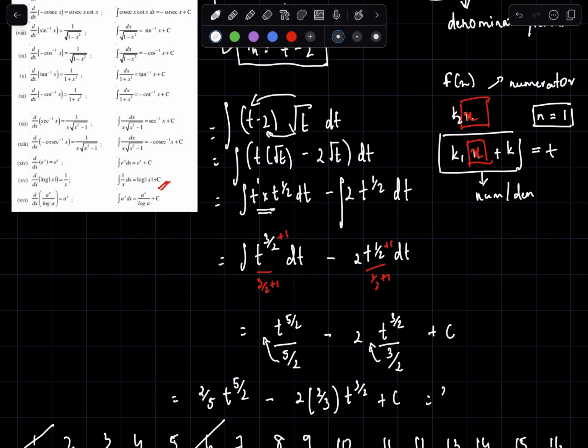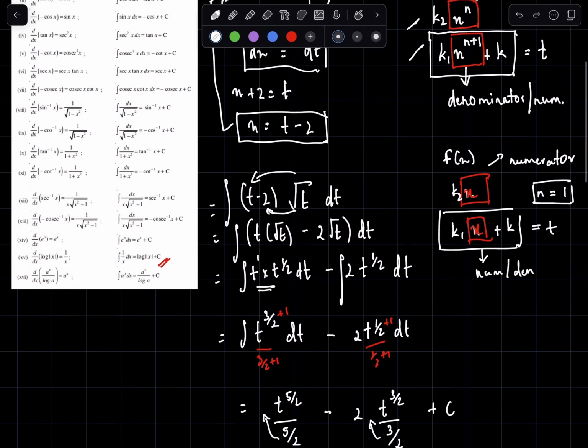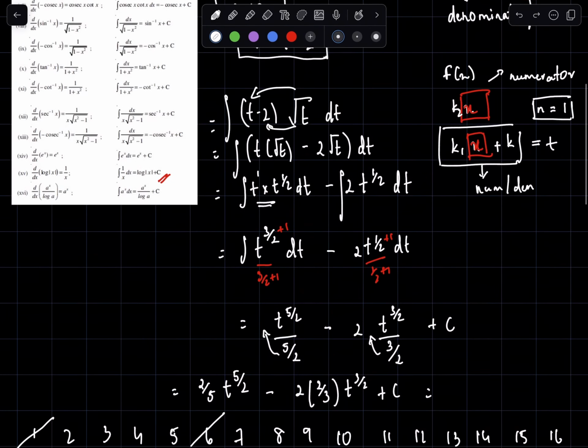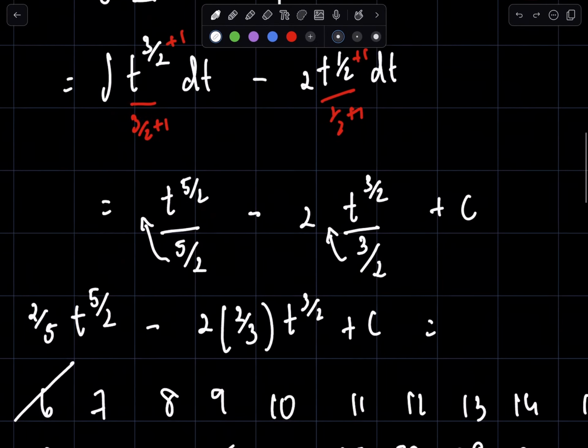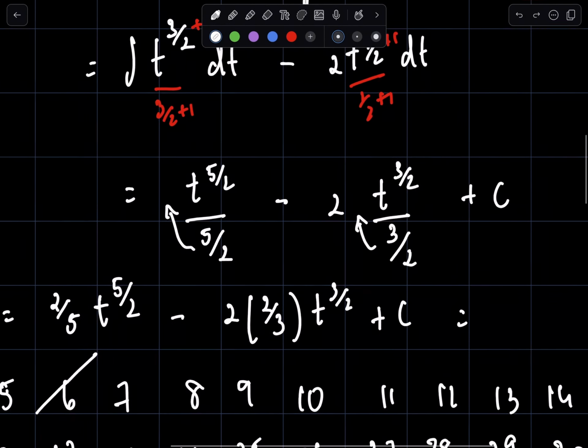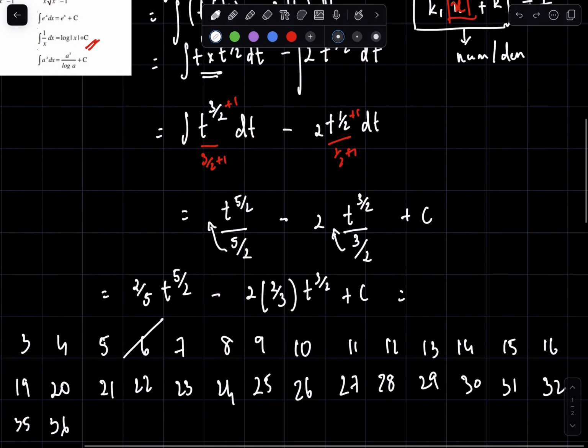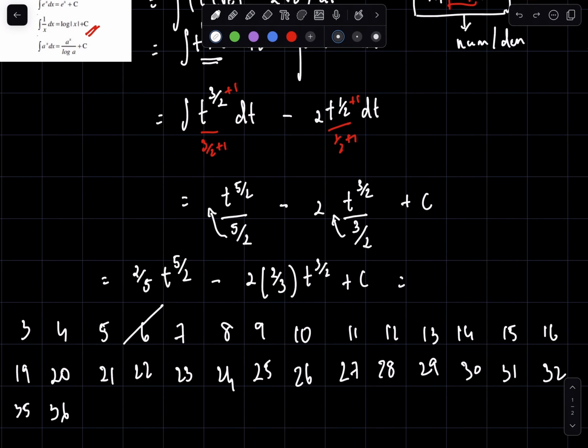Now I'll simplify this. Well, let's make it simpler. It's not complicated. I think everyone can do the multiplication. Let's just substitute t back. What was t? So t was x plus 2, right? Let's do that. Okay, t was x plus 2.